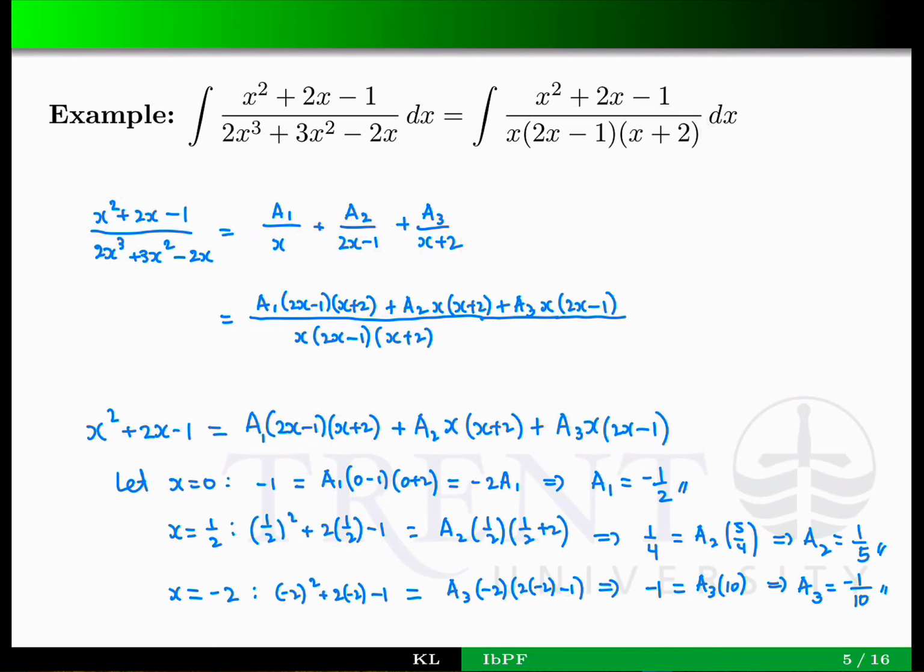So we now have found the values of a1, a2, and a3, which means the right-hand side will be equal to -1/2 over x plus a2, which is 1/5, over 2x minus 1, and a3 is -1/10, over x plus 2.